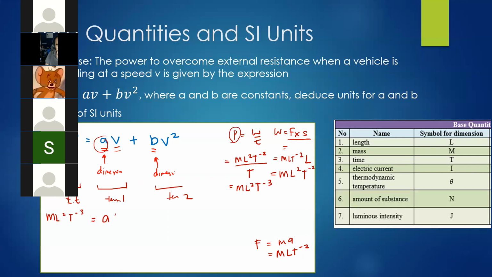L T negative 1, plus B. This is V squared, so L T negative 1 squared, L squared T negative 2. Is it correct? Yes.